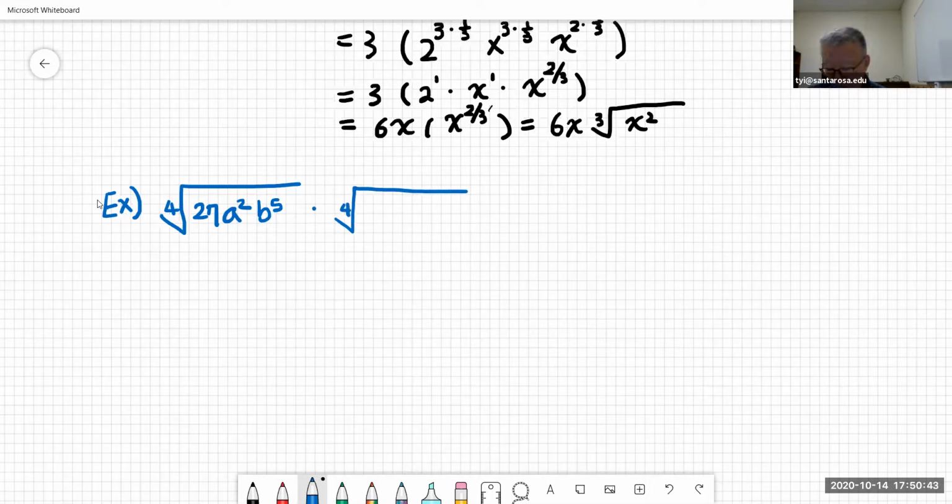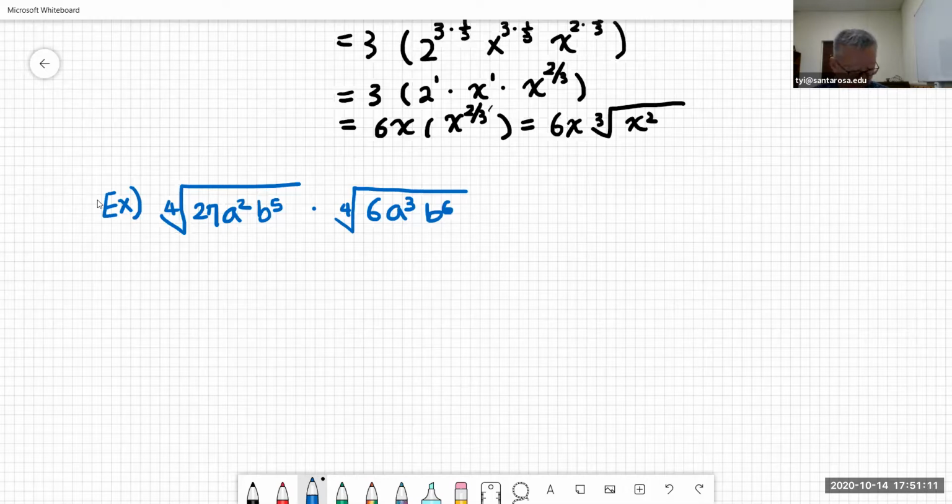The index is also 4. And I have 6a cubed and b to the 6. Okay. So here let's not use the rational exponent. We're going to do this using just the radicals and the radical properties there.